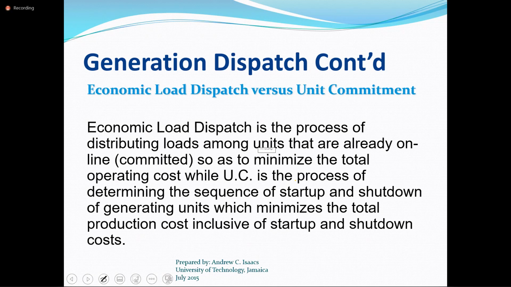No. The loads right across the island are shared among the generators that are on the system. And they are shared in such a way to ensure that the cost is minimized.